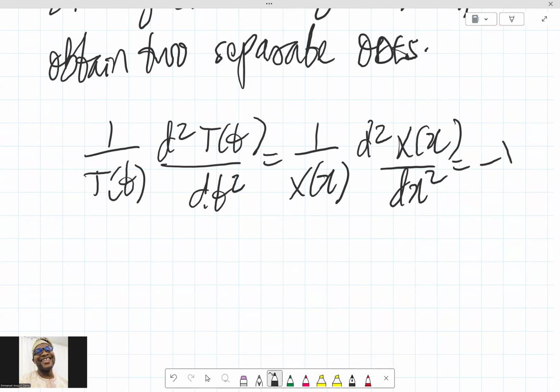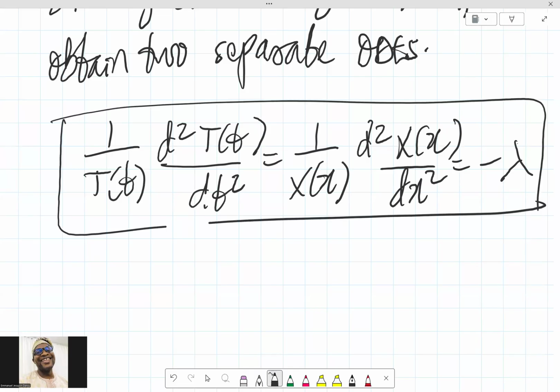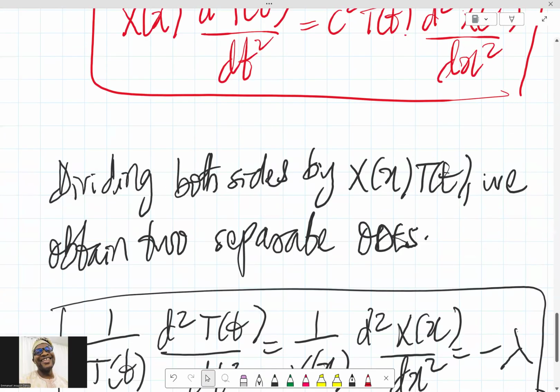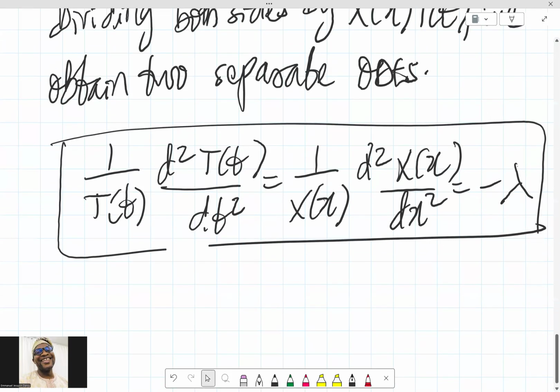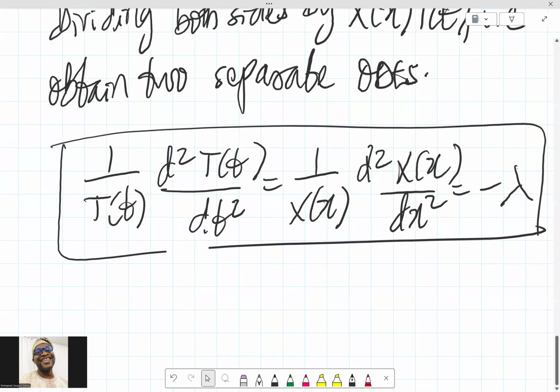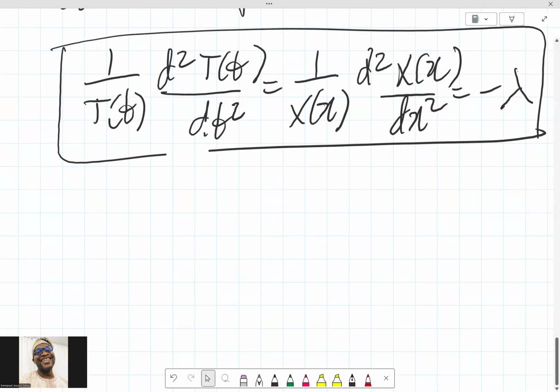We equate this to minus lambda, to show that they are both equal to that minus lambda. Now you see that the c squared we started with is nowhere to be found. It's somewhere hidden inside the lambda, as we will see as we go on.